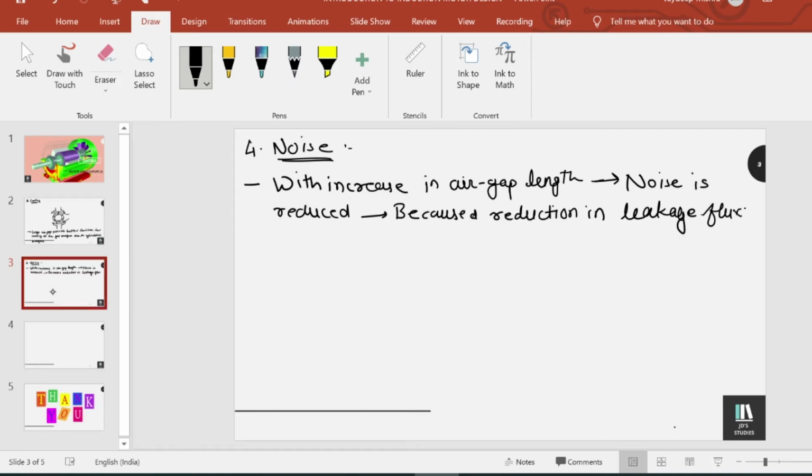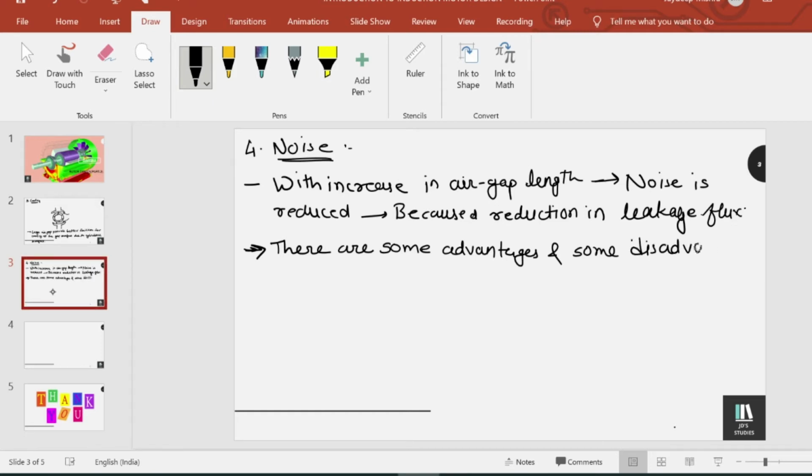Here I can write a topic: there are some advantages and some disadvantages for selecting a larger air gap. So what are the advantages?